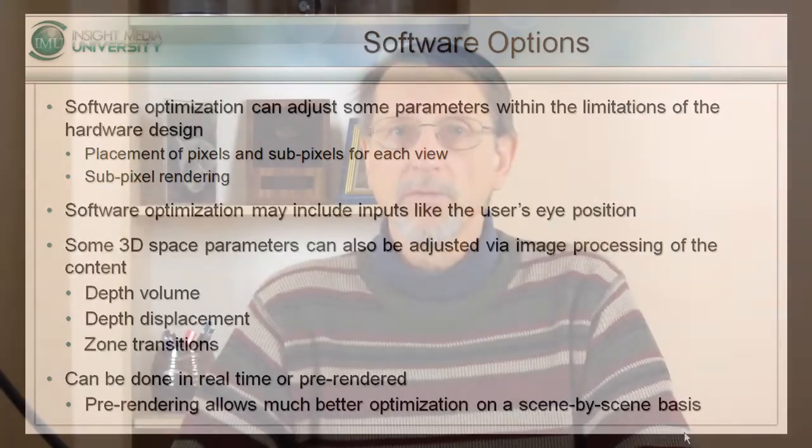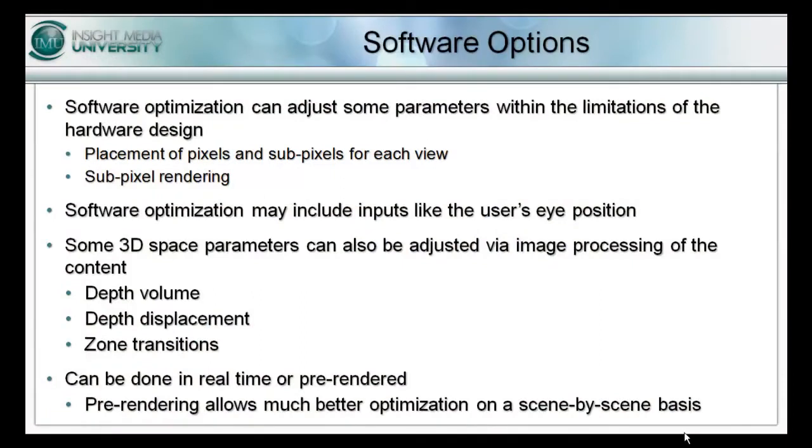There's optimization for moving the pixel positions based on your head position. These rely very much on using eye tracking or face tracking technology, but it can be very well optimized for both 2-viewer and multi-viewer applications at this point. The software can also adjust things that we're calling depth volume, depth displacement, and zone transitions.